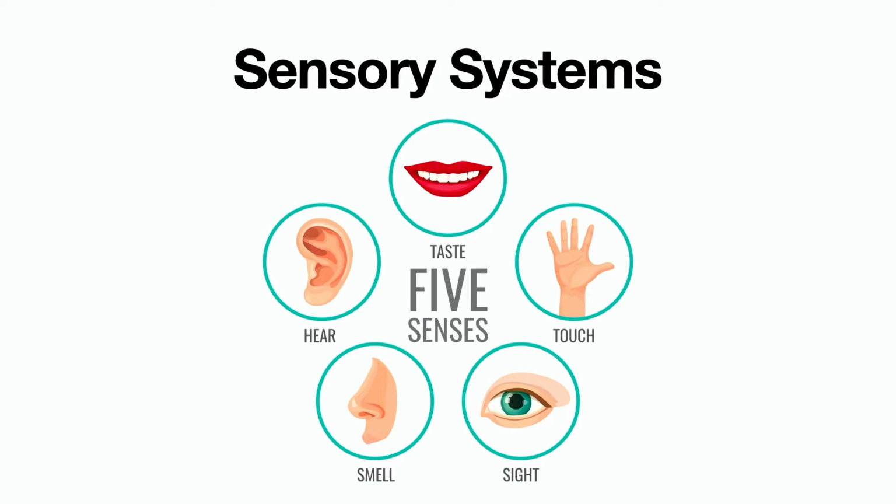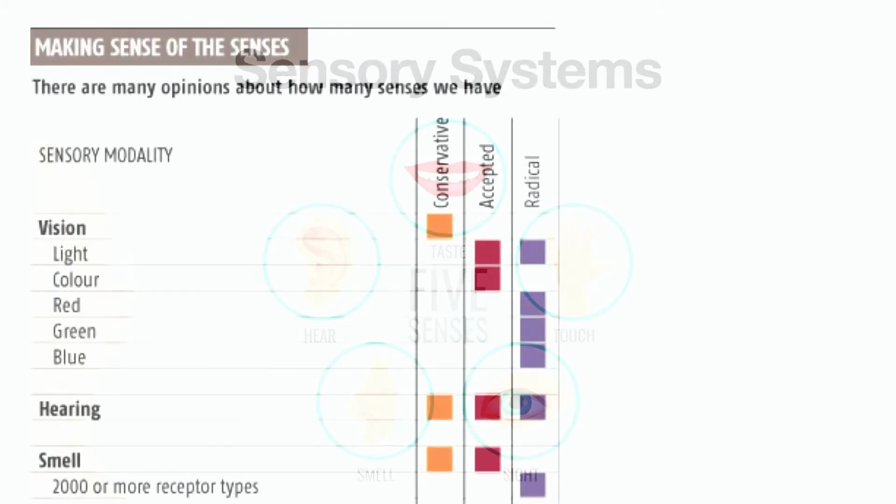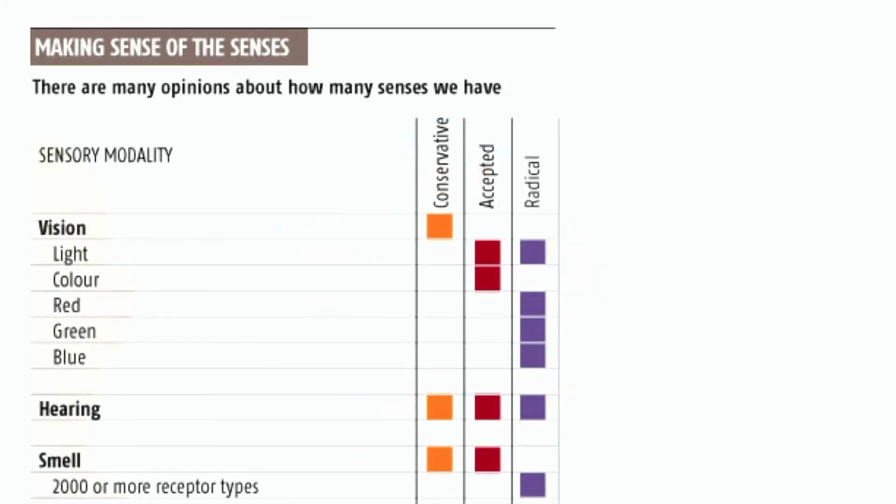Now, we have specialized neurons for each one of those, and we have specialized neurons for all of these other senses. Look at this graphic here. This is a graphic that represents our current knowledge, the accepted perspective, and it says radical.